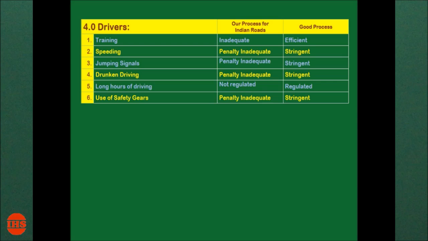Drunken driving penalty is inadequate on Indian roads, stringent in good process. Long hours of driving not regulated on Indian roads, regulated in good process. Use of safety gears penalty inadequate on Indian roads, stringent in good process.